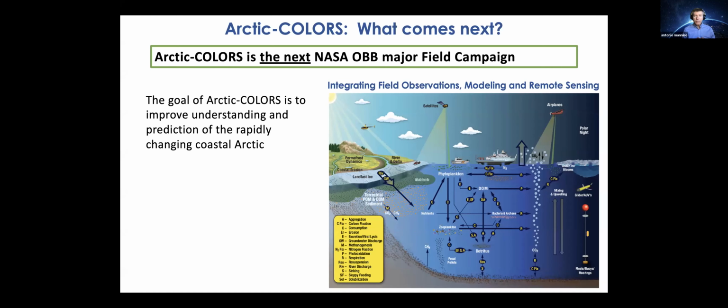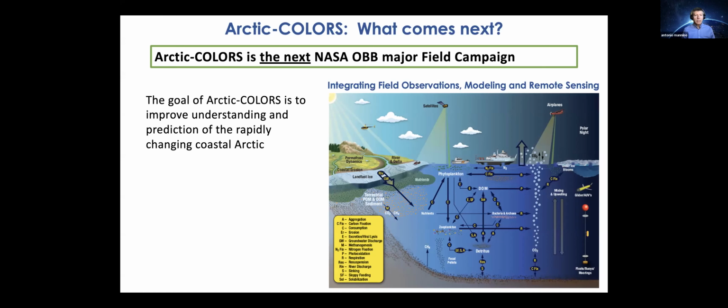They just completed their second field cruise this past spring, and they are working on their data analysis, and then the EXPORTS team will be proceeding to a data, model, remote sensing synthesis activity in the coming years. So when that concludes, Arctic Colors is next in line in the NASA OBB planning for a large field campaign.